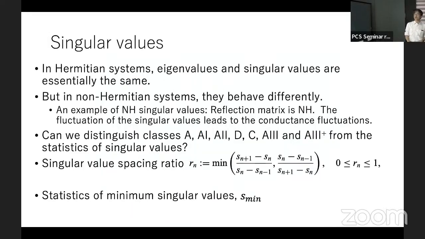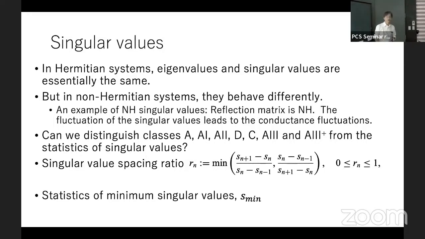So what we did is to look at the singular values. In a Hermitian system, singular values and eigenvalues are essentially the same. But in the case of a non-Hermitian system, they behave differently. And the question is, can we distinguish classes A, A1, A3, and their dagger classes from the statistics of singular values?